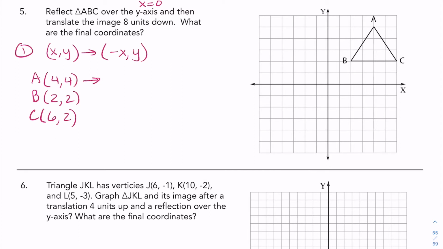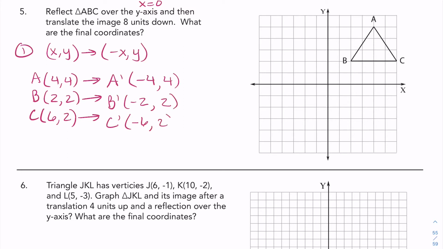They are mapping onto opposite x comma y. So we get -4, 4, -2, 2, and -6, 2.